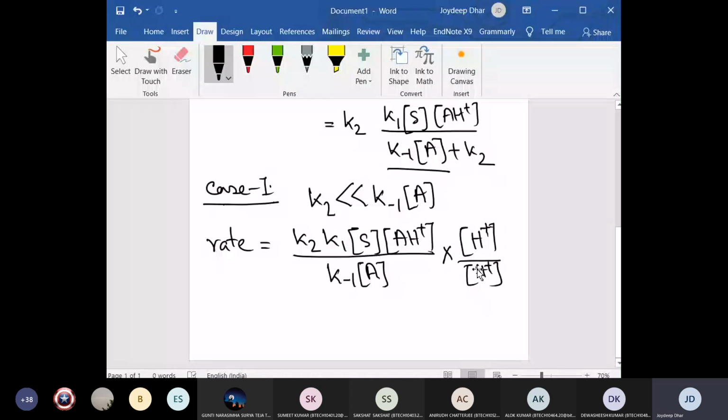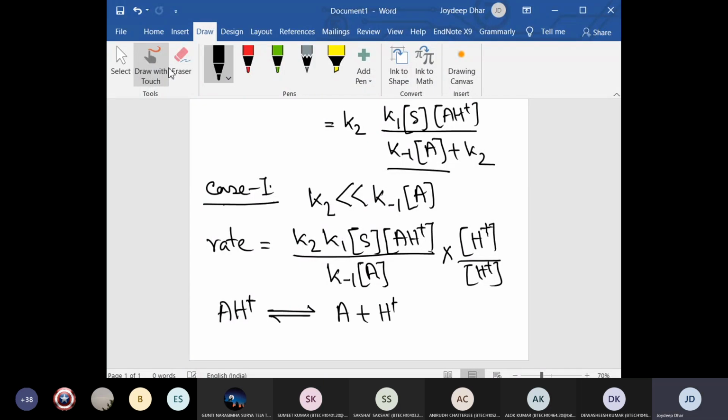You can see in this case, if I consider the AH+ whatever I have considered, that one is an acid, not any water solvent or anything. If it is an acid, it will have an acid equilibrium constant K. So it can dissociate as A plus H+.